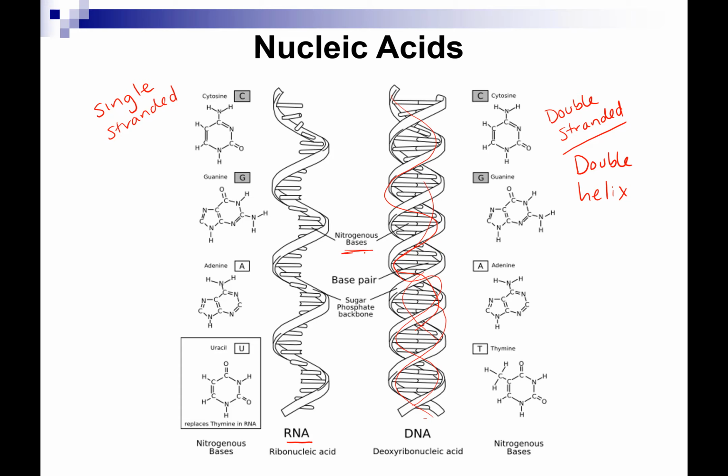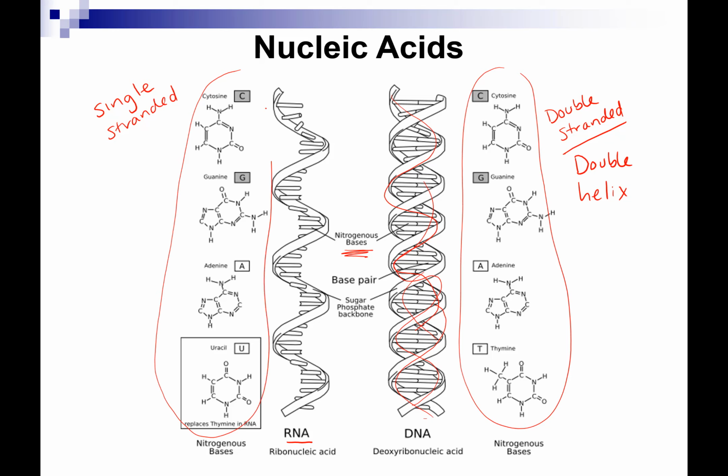What I want you to notice is that they both have nitrogenous bases, which are these AGCT and AGCU, and they're called nitrogenous base because of all the nitrogens. So that's a similarity.